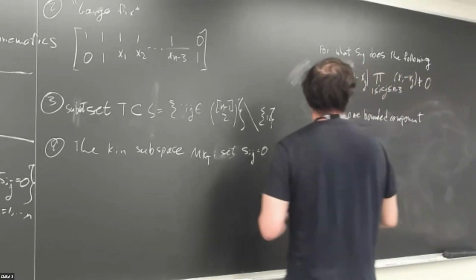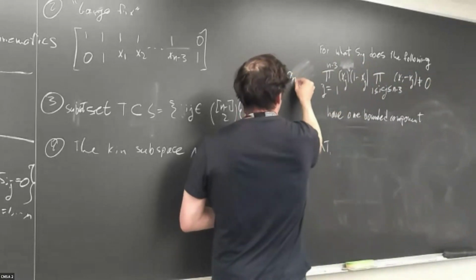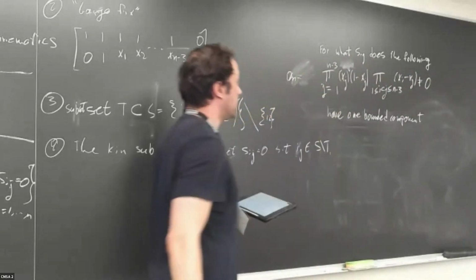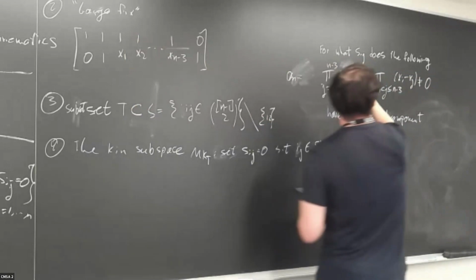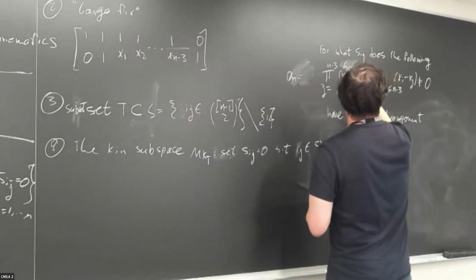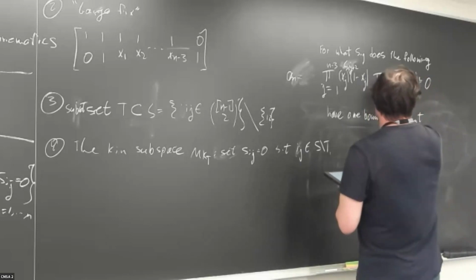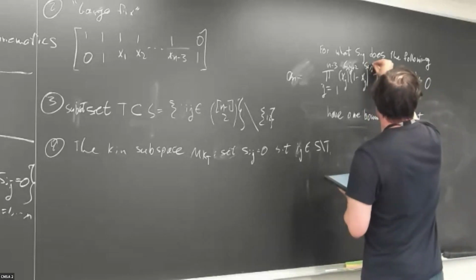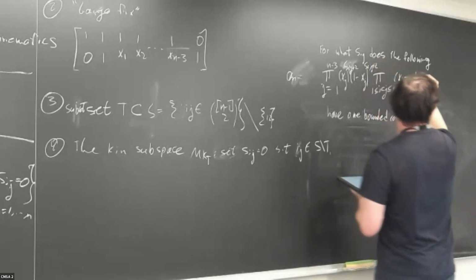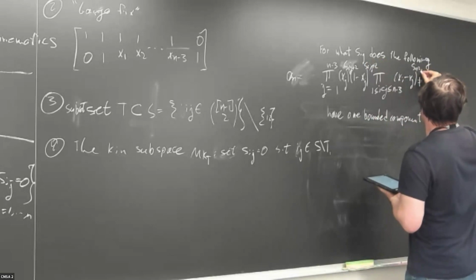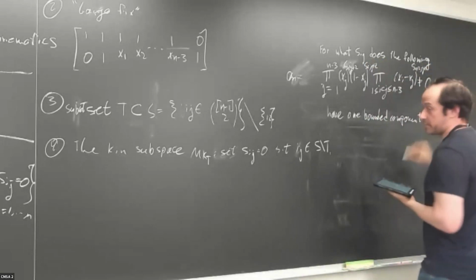And I'm going to define phi n to be what happens when we put an exponent here: S1j plus 2, S2j plus 2, and S i plus 2, j plus 2.